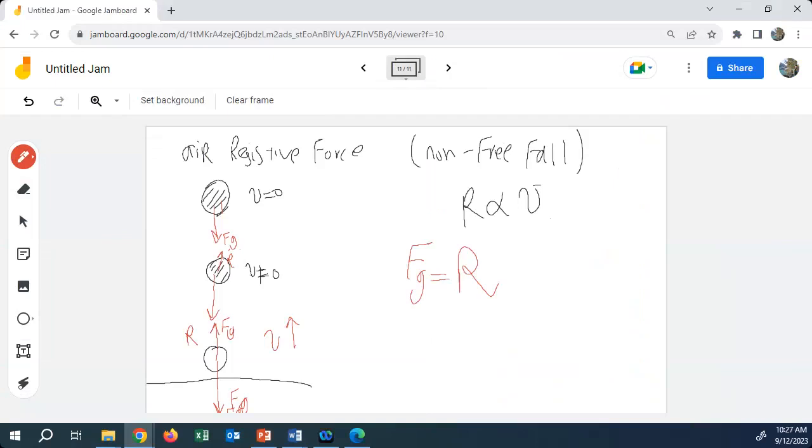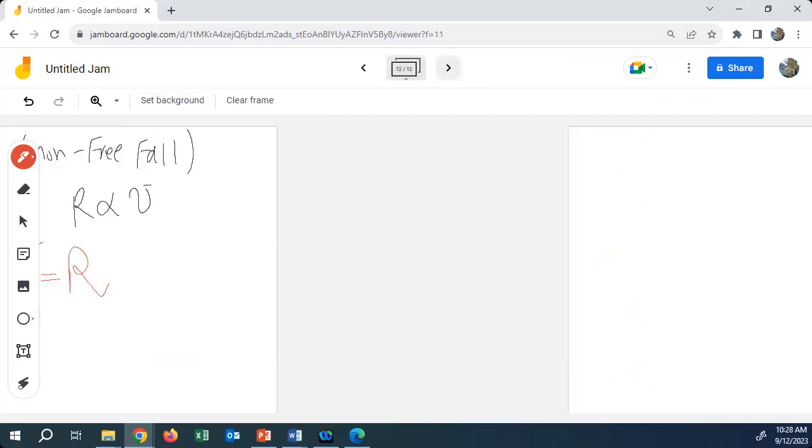See, at the beginning, there is no resistive force, yes? When you drop it, the resistive force changes with velocity. Because the velocity increases, the resistive force, this vector, is increasing until its magnitude becomes equal to the magnitude of the force of gravity. What happens in this situation? Let me draw on the next page because there is no space.